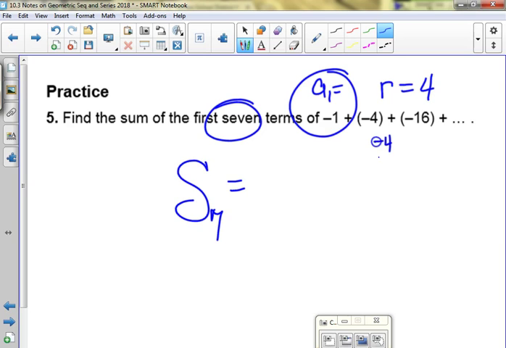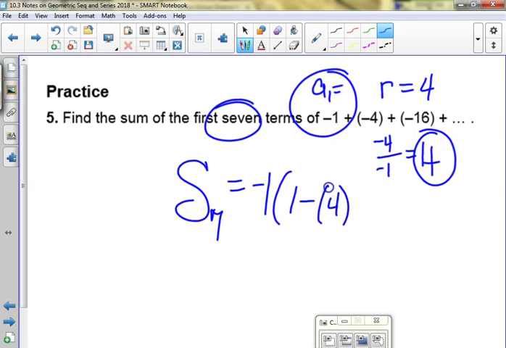Okay, any term divided by the previous term. Okay, then the formula goes what? Take the first term times 1 minus R to the n, which is 7, divided by 1 minus R.